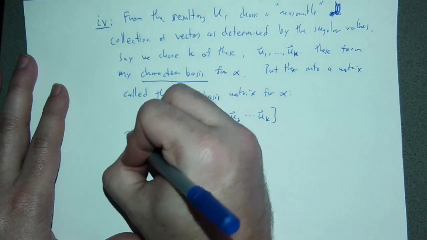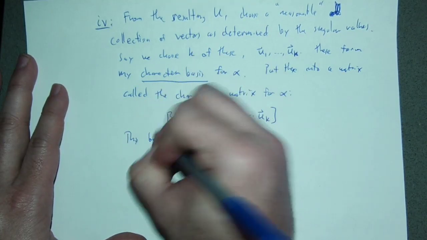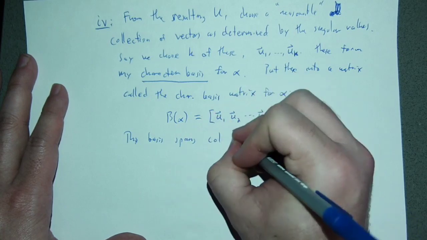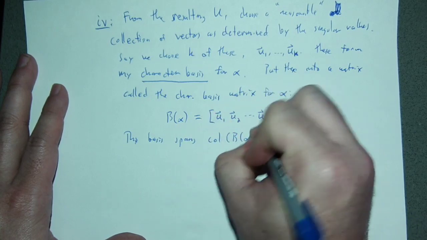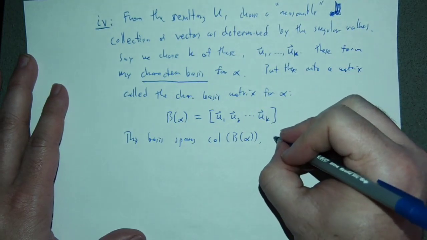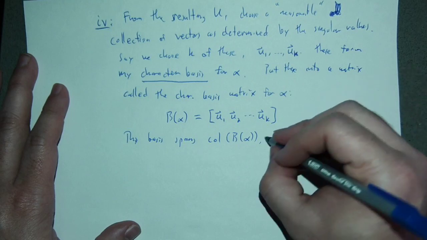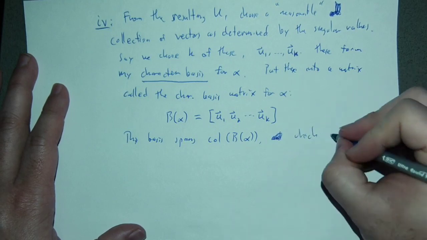So this basis spans the column space of this matrix, which is called the character subspace.